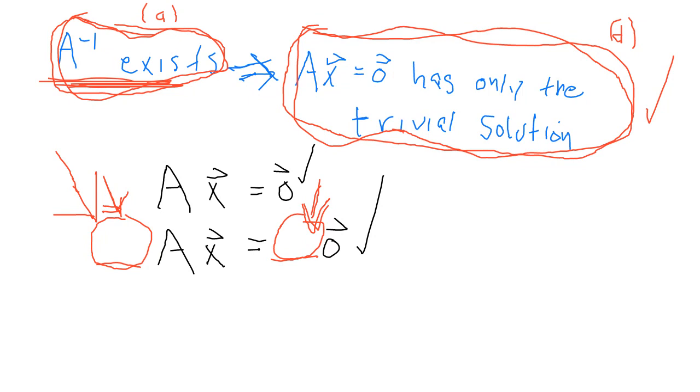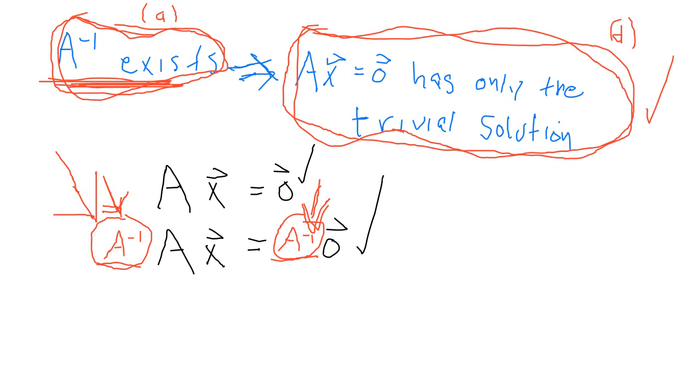Ah, good, Haley. A inverse. Good, Nafani. All right, so I'll do that. I'll put A inverse here. I'll multiply by A inverse on the left, and I'll multiply the right side of my equation by A inverse on the left.